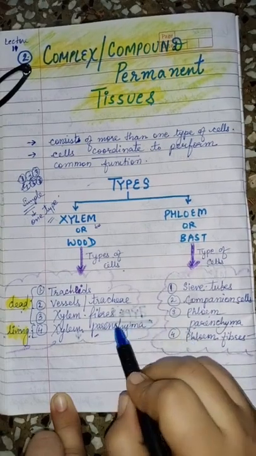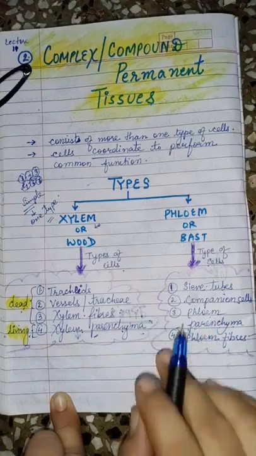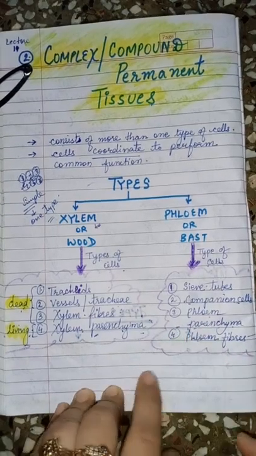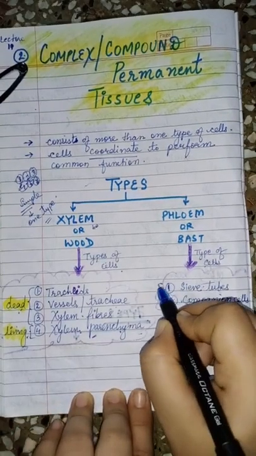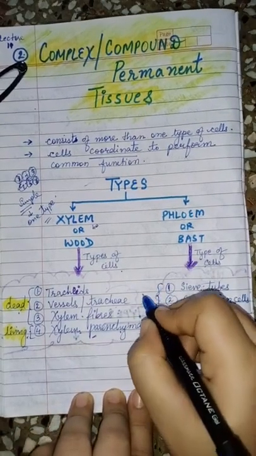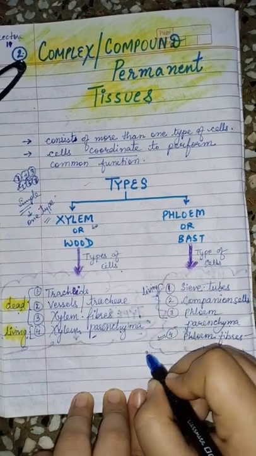Fibers, parenchyma, these are similar, but in case of phloem the case is reverse. These 3 are living cells and last one is dead.